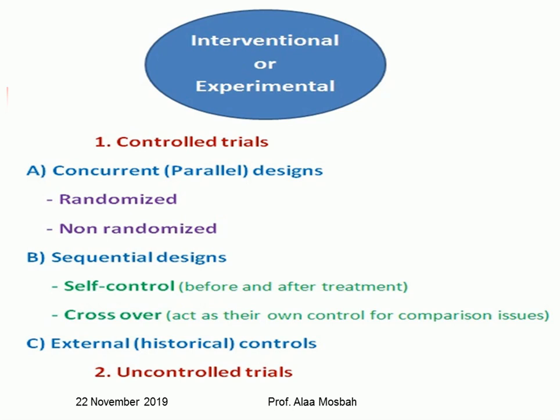Then we shifted to interventional or experimental study. And we said we will divide them into two main categories, either controlled trials or uncontrolled. Then I said the controlled trials may be concurrent designs, sequential designs, or external control.